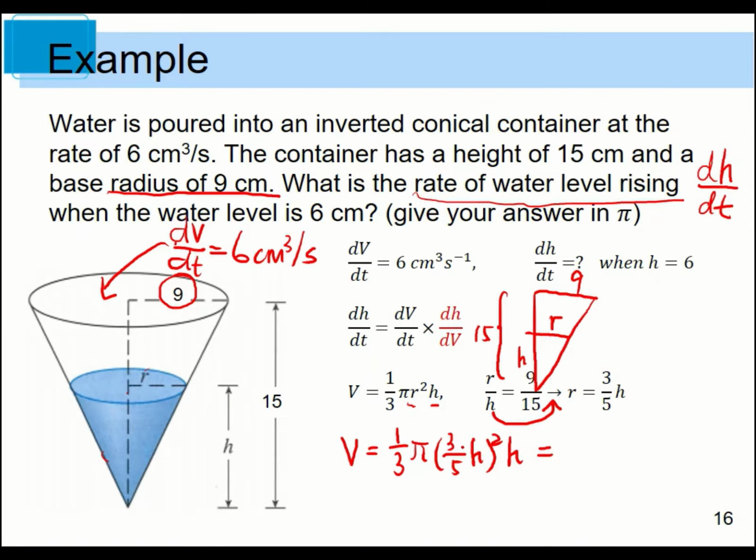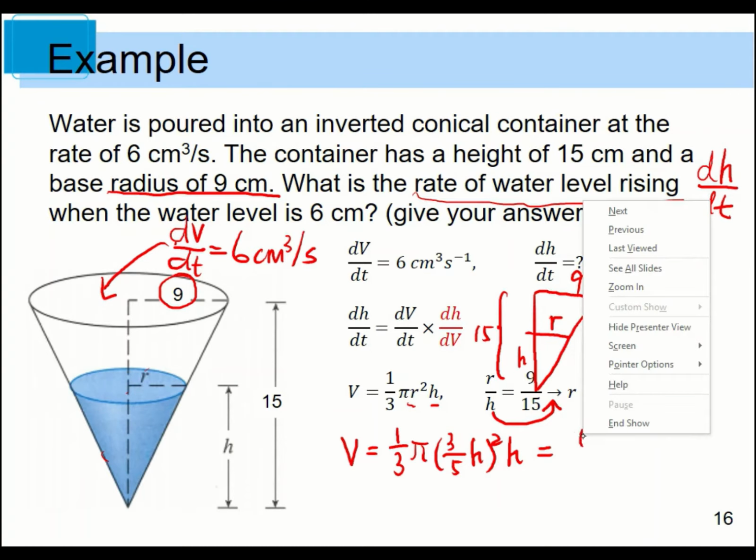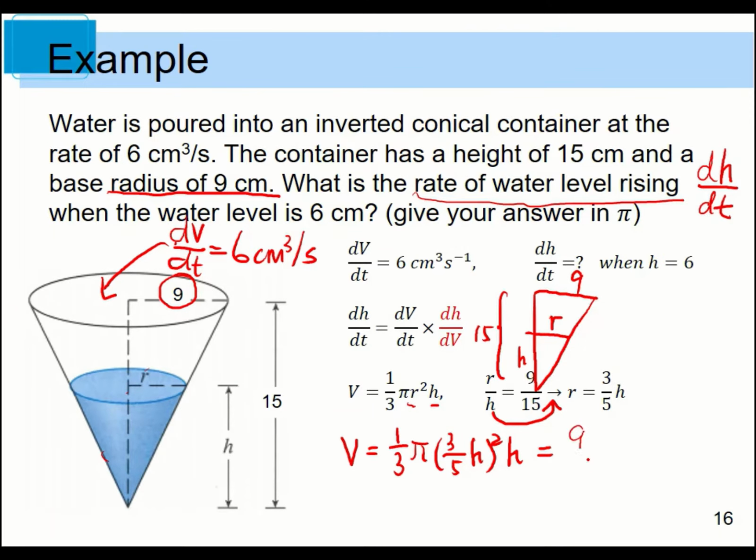Simplify this. This is 3 squared, which gives us 9, and this is 25, multiplied by 3, we have 75, but I'm going to write 3 times 25 here. Simplify this, we have 3 here.